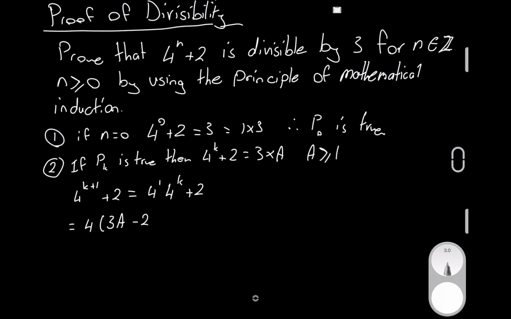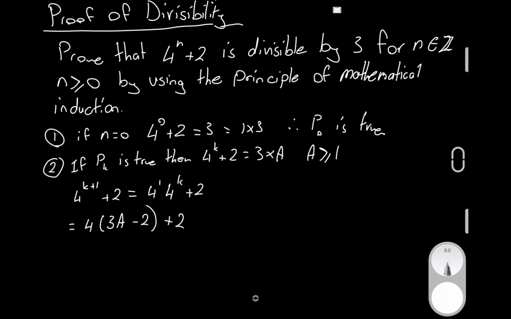Now the reason that we're doing it like this is that we're going to use the proposition of k case. So we know that 4 to the power of k plus 2 is just equal to 3 times a. So we've got this here, the 3a being 4 to the power of k.